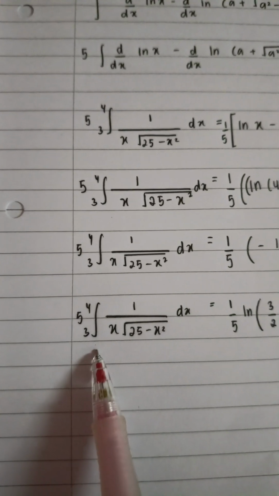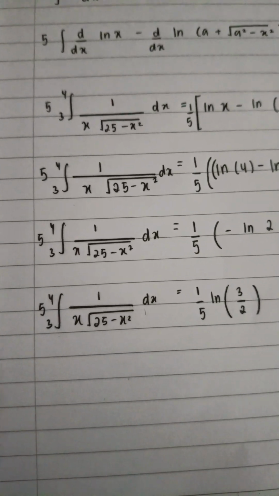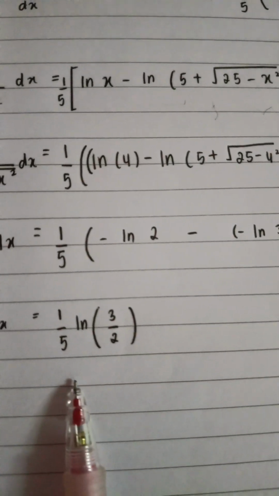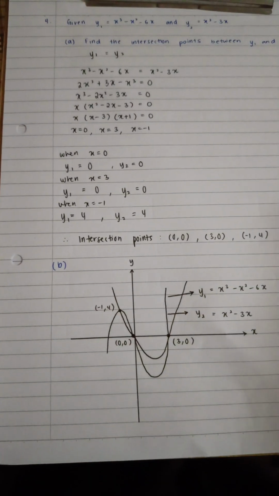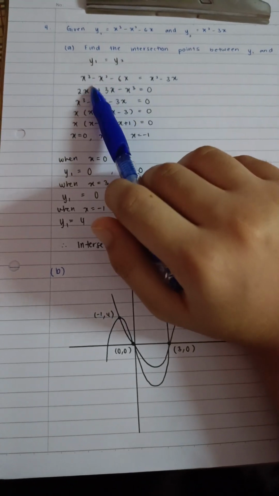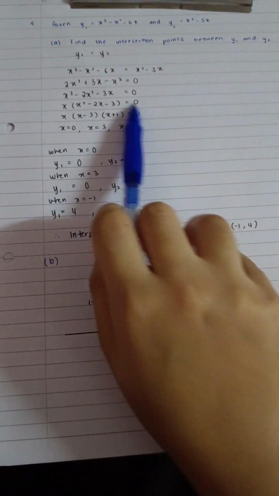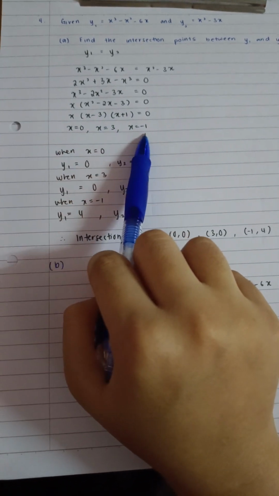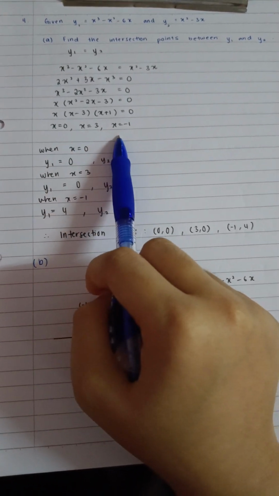Therefore, 5 integrate of 4 over 3, 1 over x 25 minus x square is also equal to 1 over 5 ln 3 over 2. So to find the intersection point, we need to make y1 equal to y2 and make it into a quadratic formula, and then find the x value, where we will get x equals 0, x equals 3, and x equals negative 1.